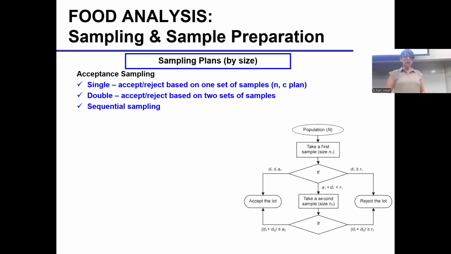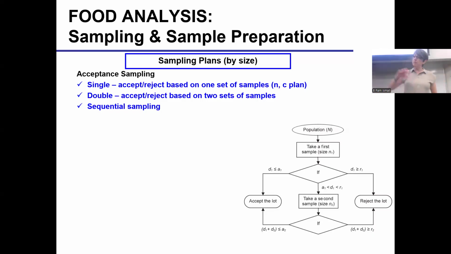So you would run your analyses on these set of samples. So N is for the number of samples you pick out for analysis, and C is number of defects. Okay. So N is number of samples, C is number of defects. If your testing is below the number of defects that are acceptable, you accept it. If it's above, you reject. And that is called a single sampling plan.